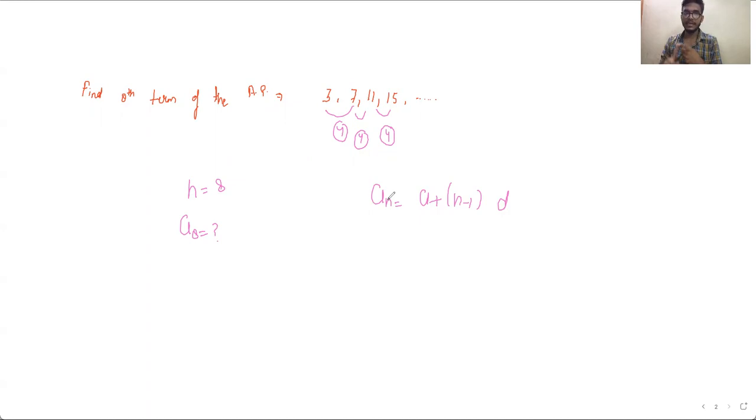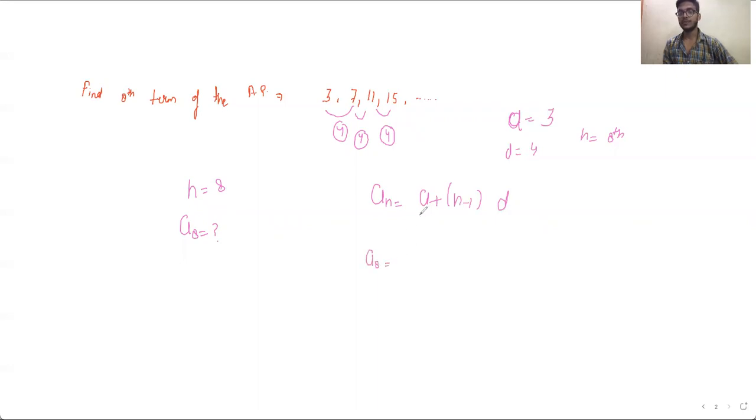Here a is the first term, which is 3. The common difference d equals 4, and n equals 8. We have to find the eighth term, a8.